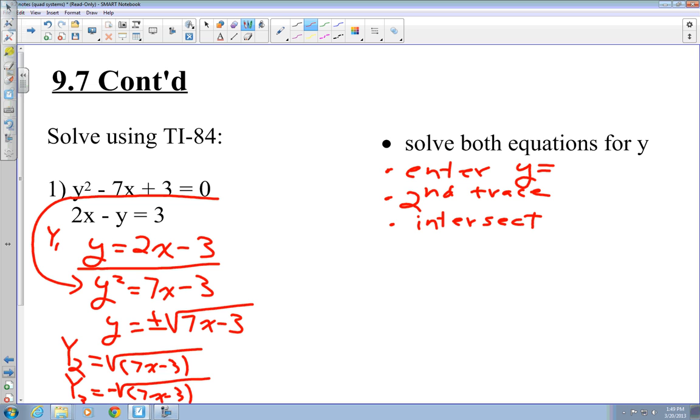Now, when you press intersect, it's going to ask you first curve. If you look up at the top, it'll say y1, y2, y3, one of those. The first time you do it, it doesn't really matter which one comes first. Most of the time it'll give you y1. If you want to change that, use the up and down arrows. It'll toggle between the three. Okay? And then push enter.